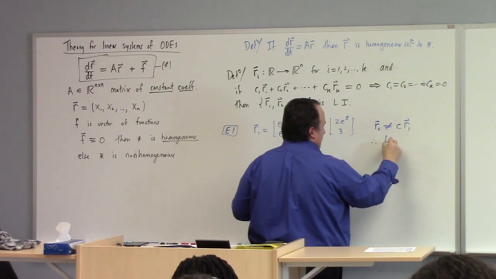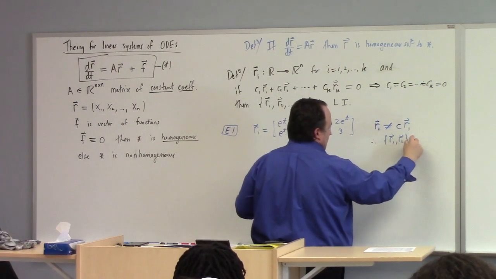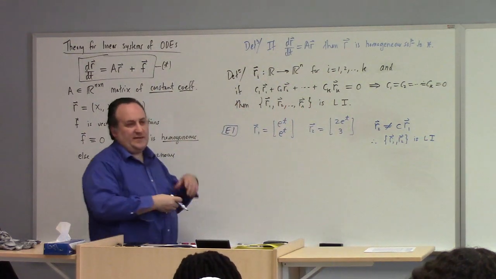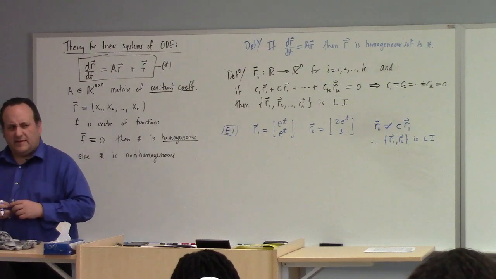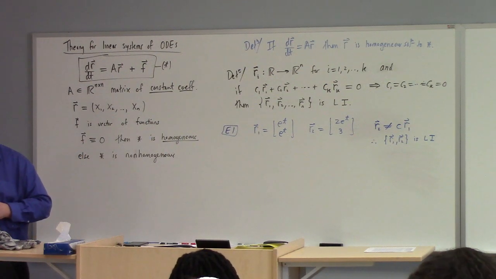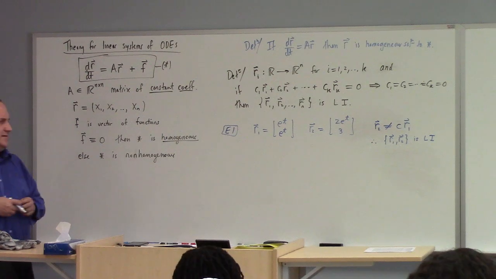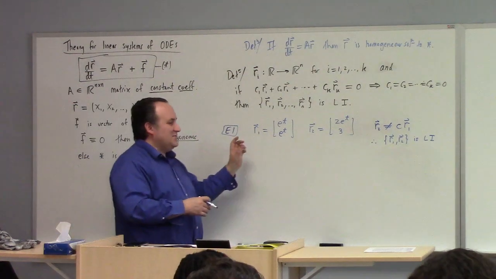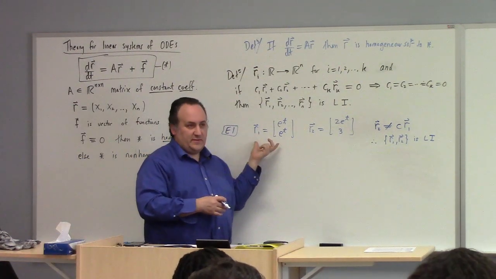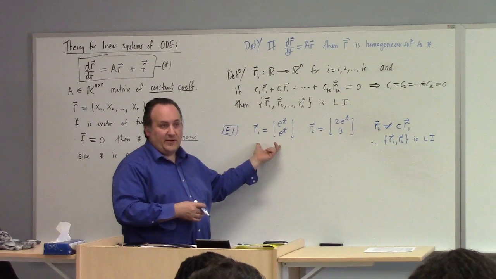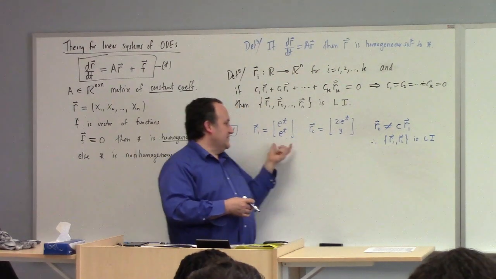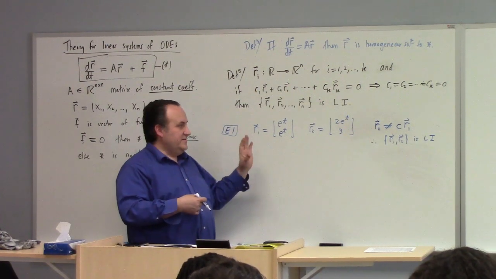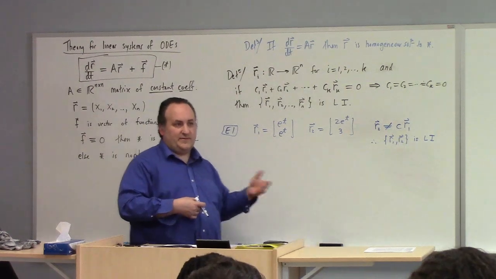So therefore, R1 and R2 is a linearly independent set of functions. I proved in a class this semester that if you have two things, they're linearly dependent if and only if one is a multiple of the other. Because I can't write R2 as a multiple of R1, these are not linearly dependent. They're linearly independent. These would be genuinely separate solutions to a problem if they were both solutions.